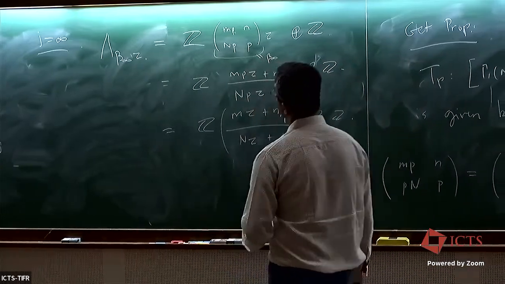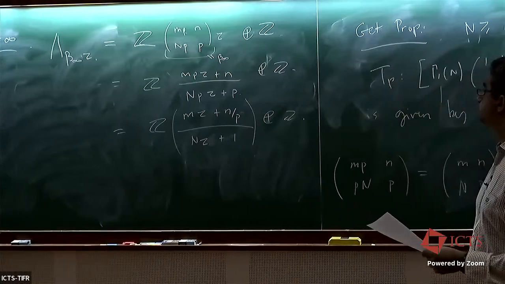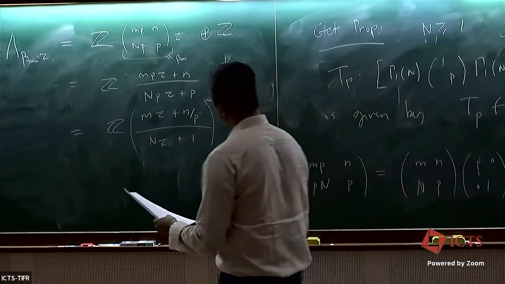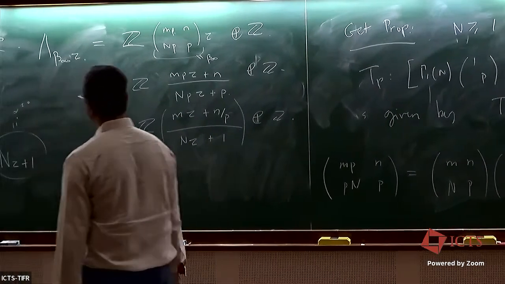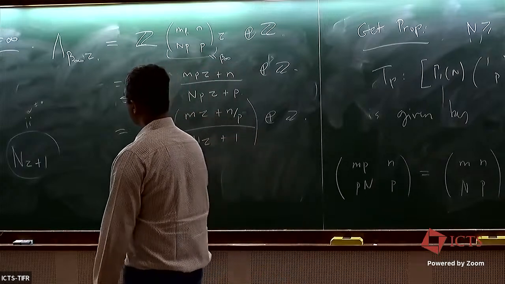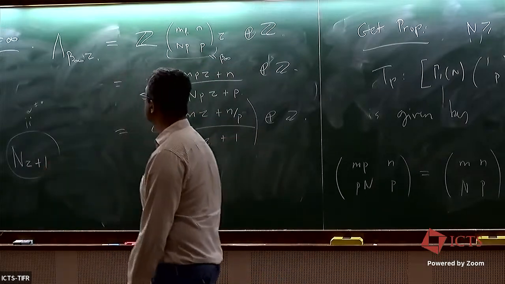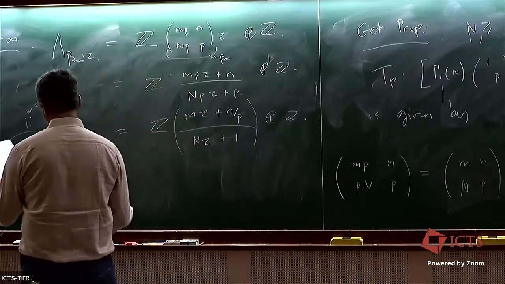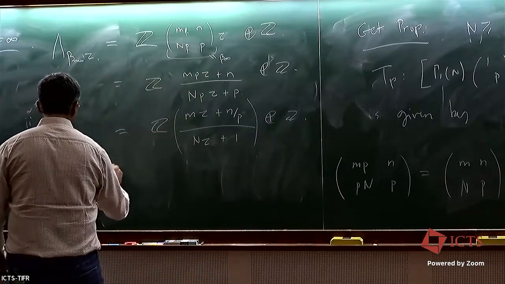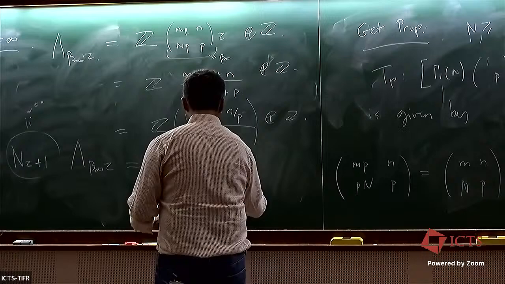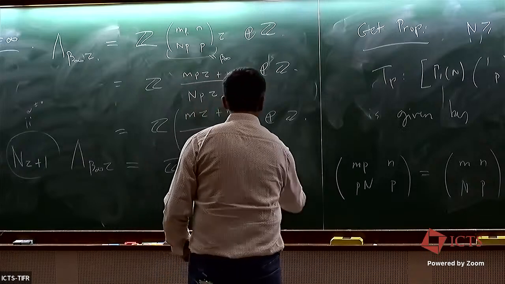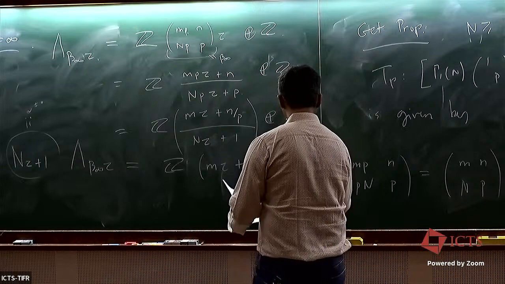This is the lattice lambda beta_infinity tau. Therefore, let's clear denominators. This is the alpha from previous lectures. If you multiply by alpha, which is a non-zero number since tau cannot be minus 1 over n in the upper half plane, then multiplication by alpha on lambda beta_infinity tau clears the denominators, and you just get Z times (m tau plus n over p) plus Z times (n tau plus 1).